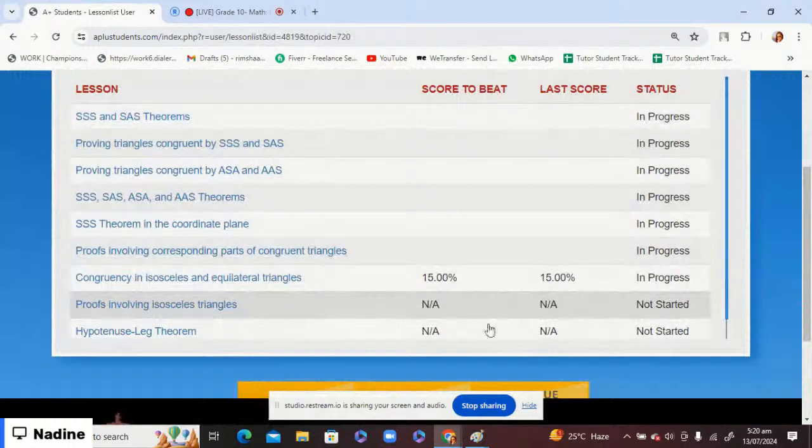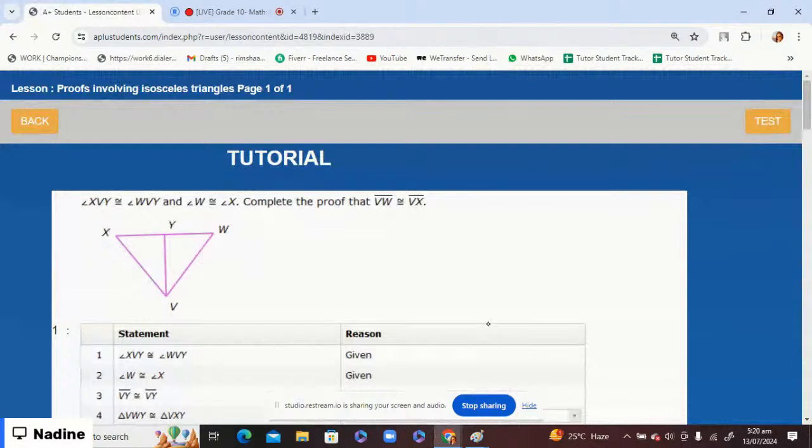Proofs involving isosceles triangles. Now let's prove it here. Some theorem questions are related to these.